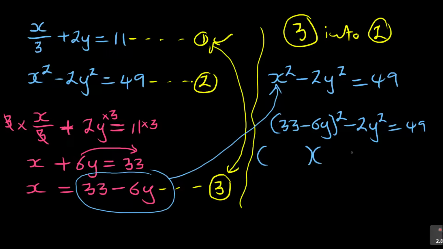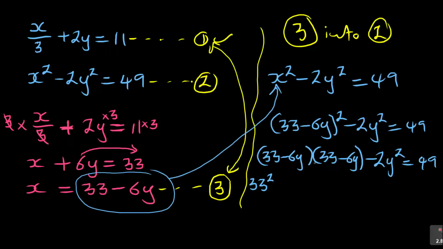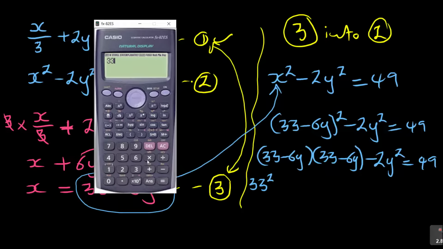You have got two of these. So we have 33 minus 6y, and you have got 33 minus 6y, minus 2y squared is equal to 49. Multiply 33 times 33. You have got 33 squared. I don't know what that answer is, but it's 33 squared. 33 times 6, I can quickly find: it gives me 198.